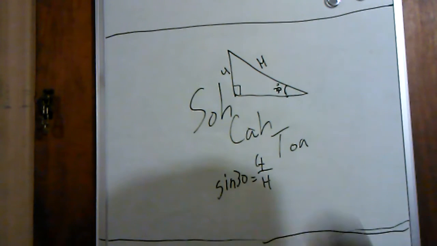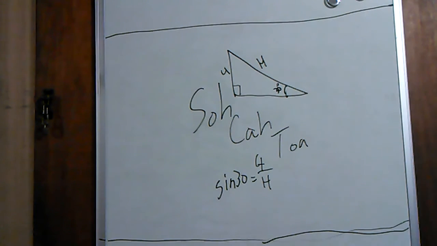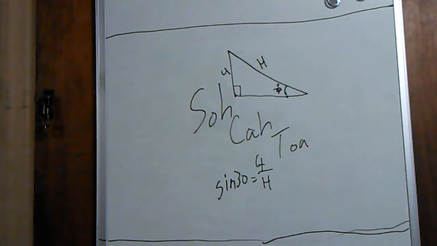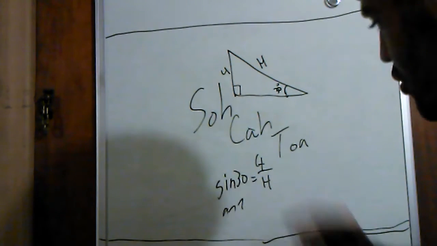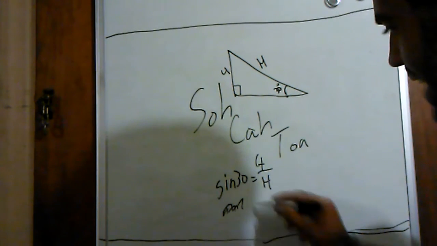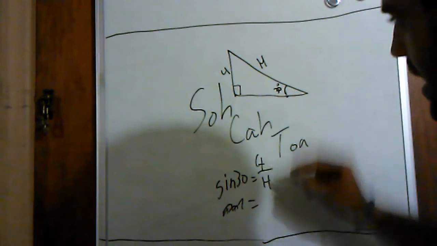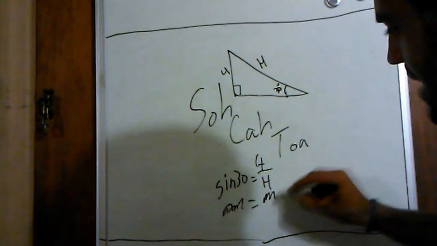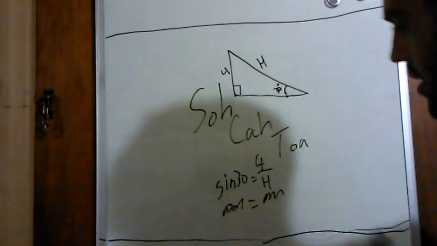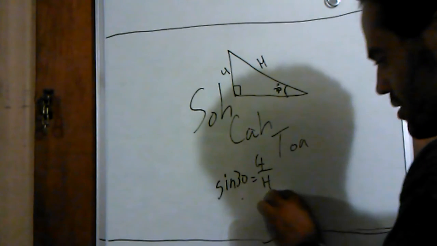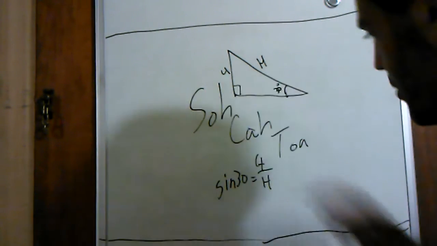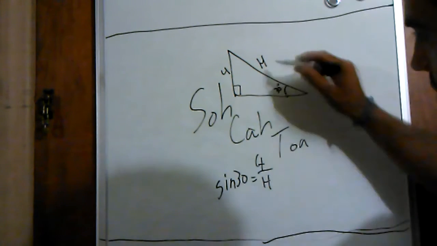I don't have a calculator handy, unfortunately, but that's the point. If you take 4 divided by whatever that length is, it would spit the exact same number at you. That's why we know those are equivalent. But we don't know the length. We're trying to find out what the length of that side is.